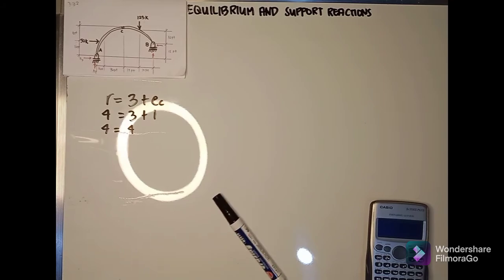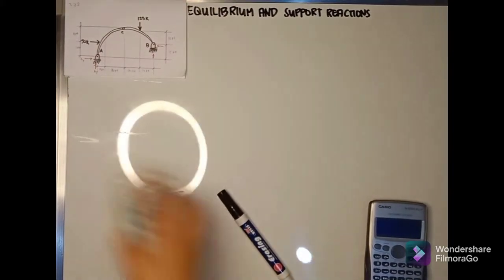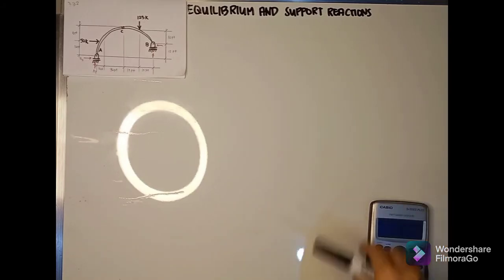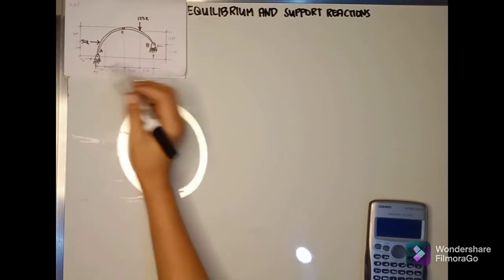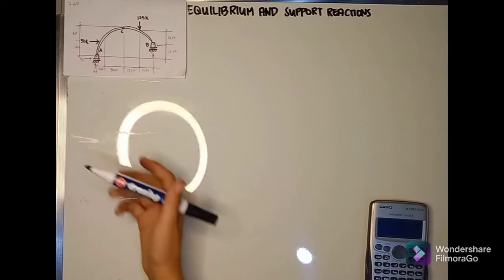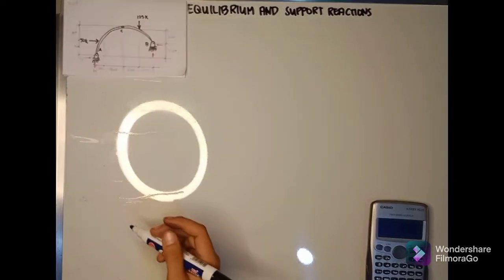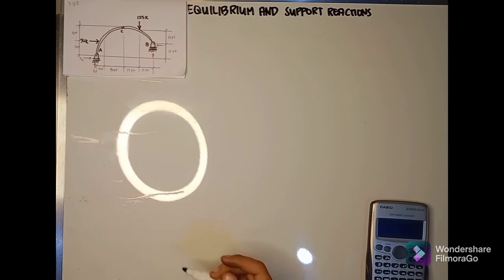Now we can start applying the equations of equilibrium to determine the unknowns. Since we cannot get the unknowns directly, we will use two equations and combine them to find the two unknowns. So, let's start with segment AC.